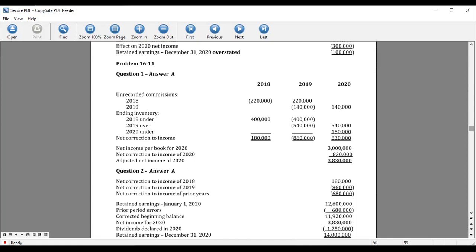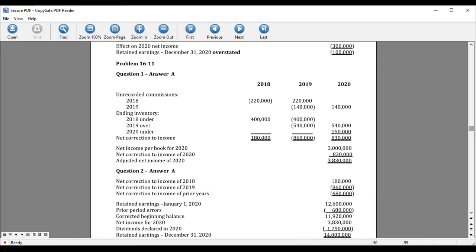So in 16-11, the unrecorded commissions of 2018 and 2019. So we have 220,000 and 140,000. Unrecorded meaning expenses were understated.